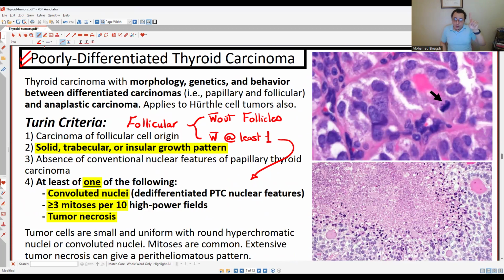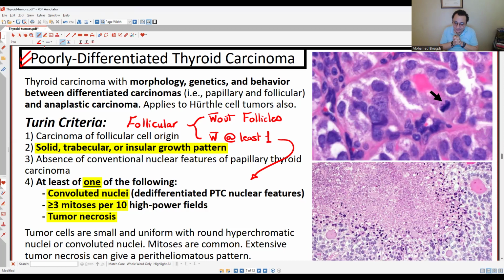Undifferentiated thyroid cancer, you have the poorly differentiated thyroid carcinoma and the anaplastic thyroid carcinoma. Letting you know, the difference between these two is, what's the difference between poorly differentiated thyroid carcinoma and anaplastic thyroid carcinoma?